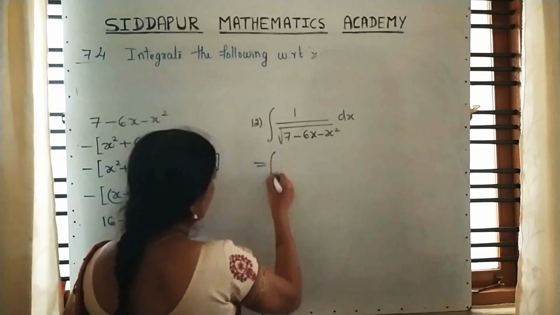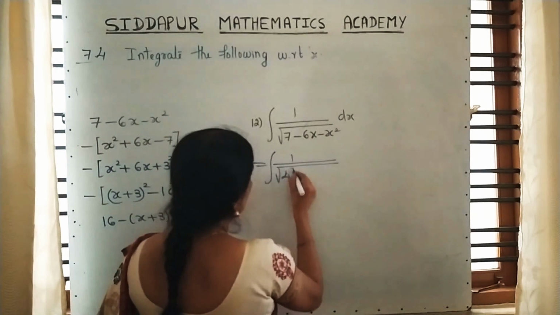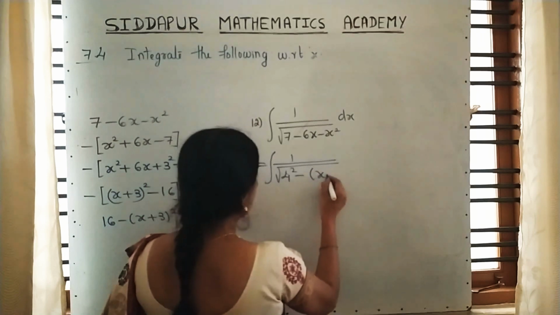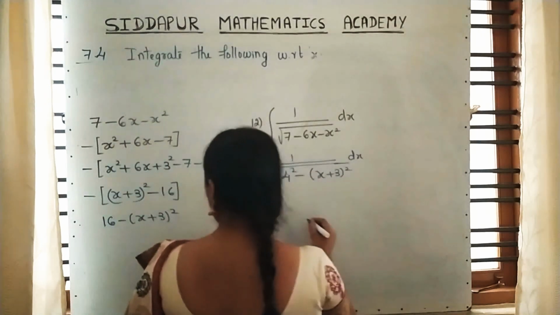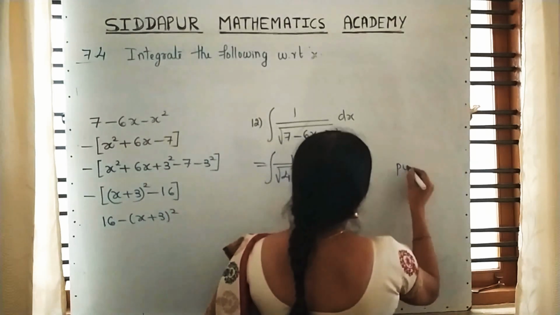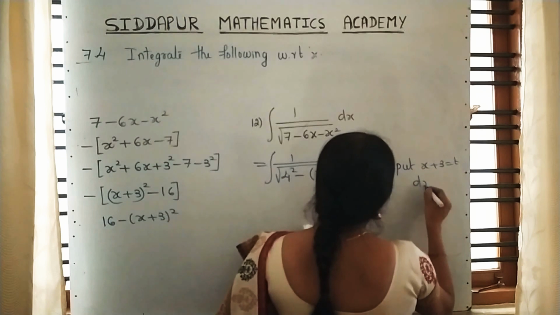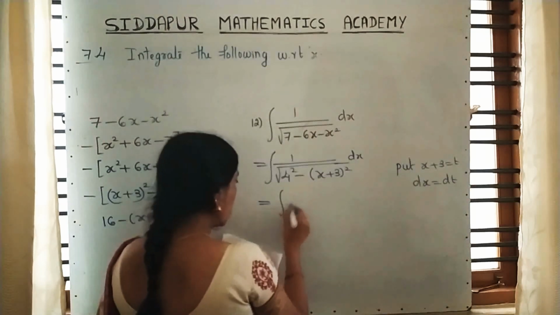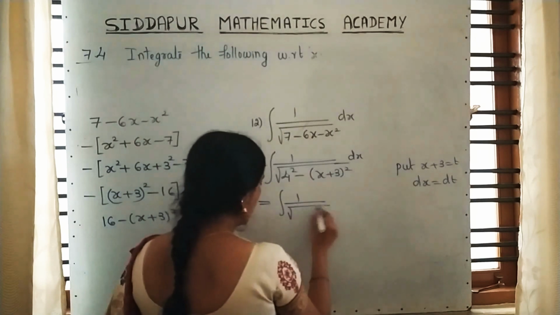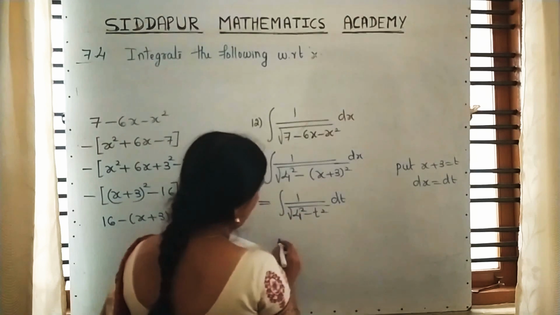16 will be written as 4 square. Root of 4 square minus x plus 3 whole square into dx. Put x plus 3 equal to t. dx is equal to dt. 1 upon root of 4 square minus t square into dt.